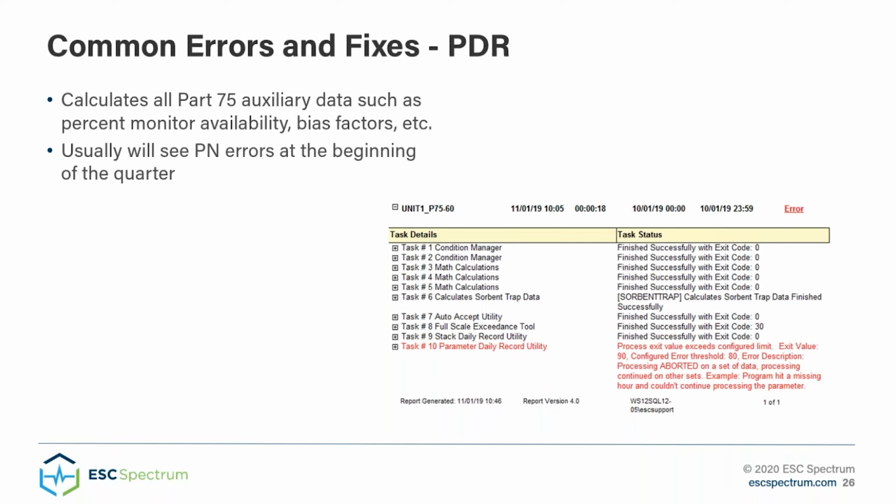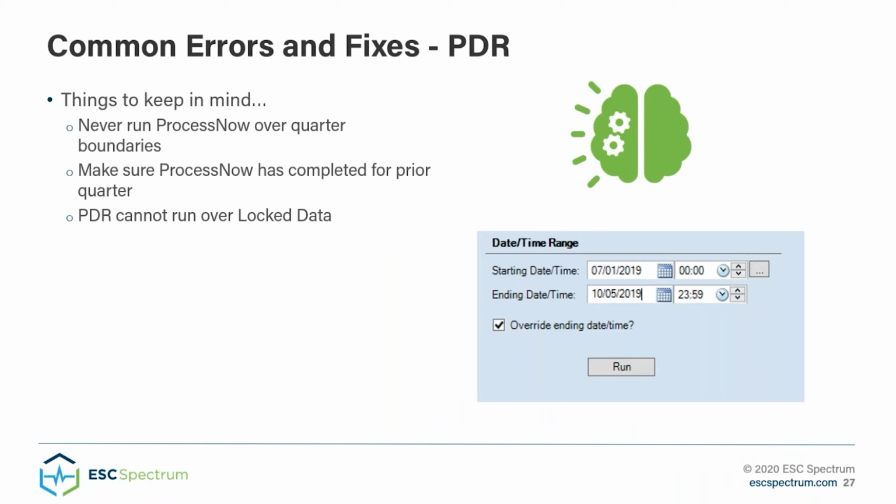And when we see errors with this task, we usually see this at the beginning of a new quarter. And the reason for that is a lot of times this error is going to be associated with a new quarter has started, but ProcessNow is not successfully completed for the prior quarter. And so sometimes that can lead to ProcessNow failing in the current quarter on PDR.